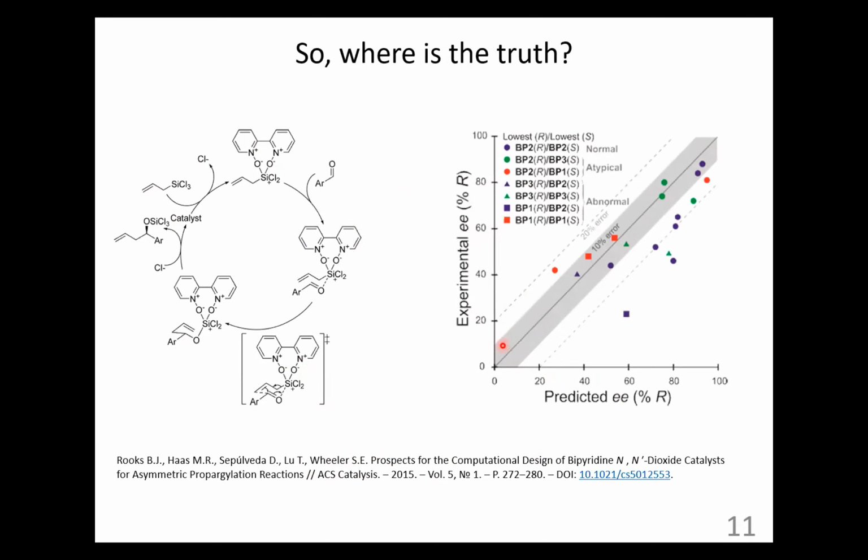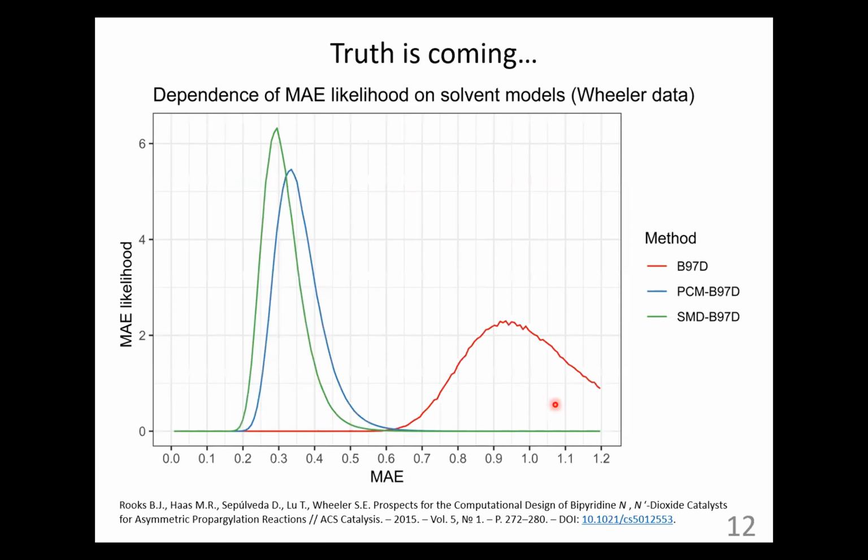So we can use his experimental values and his calculated energies to find out the maximum likelihood values of mean absolute error for different simulation models he has used. And here we obtain a very interesting picture, which shows that this approach can also be used for benchmarking of quantum chemical methods.